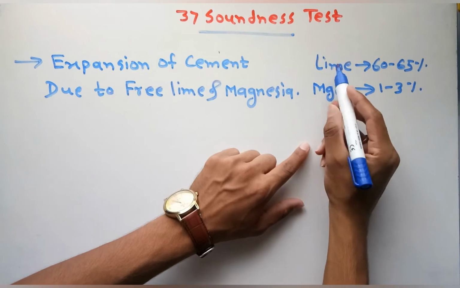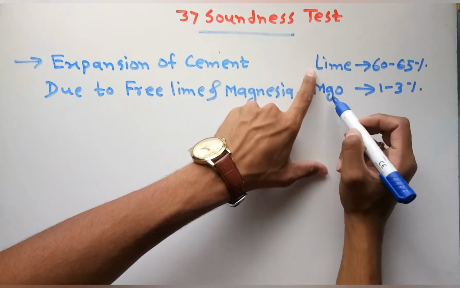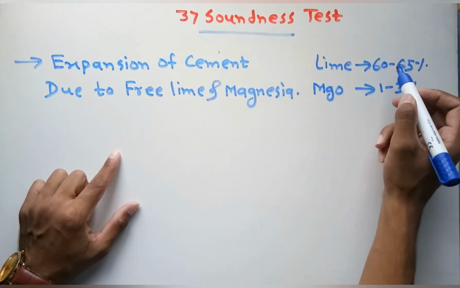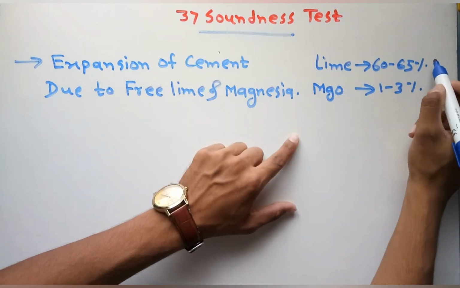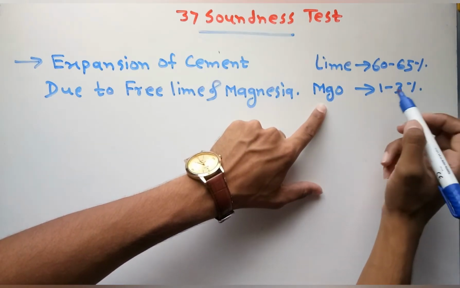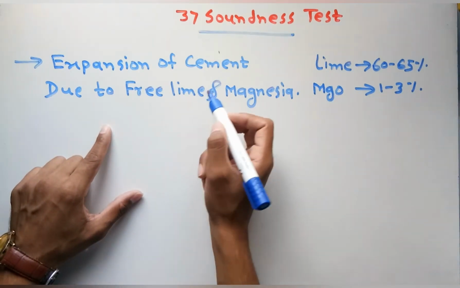This proportion is considered for good quality cement. But if these percentages are exceeded, then it causes cracks in the cement.